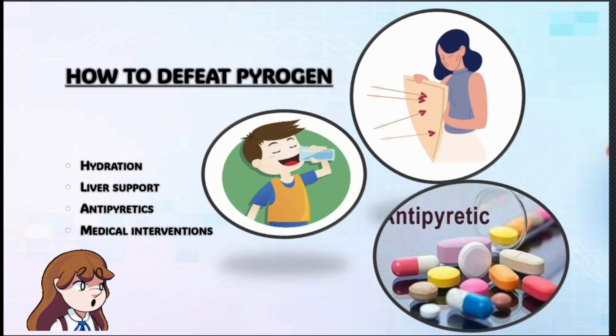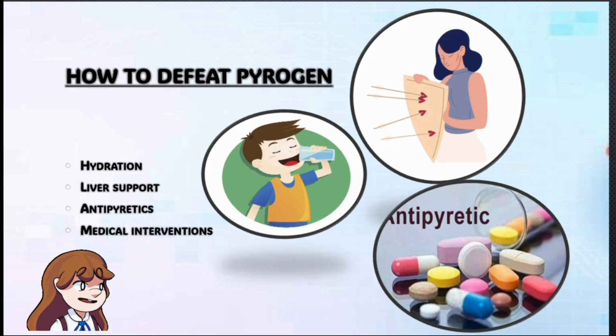And next, how to defeat the pyrogen. The first step is hydration. Hydration makes our body flush out more frequently, and this flushing helps the antigen go out. The next step is liver support. The liver is a detoxifying organ. This organ detoxifies our body fluids and helps in the immune response. The third one is antipyretics.